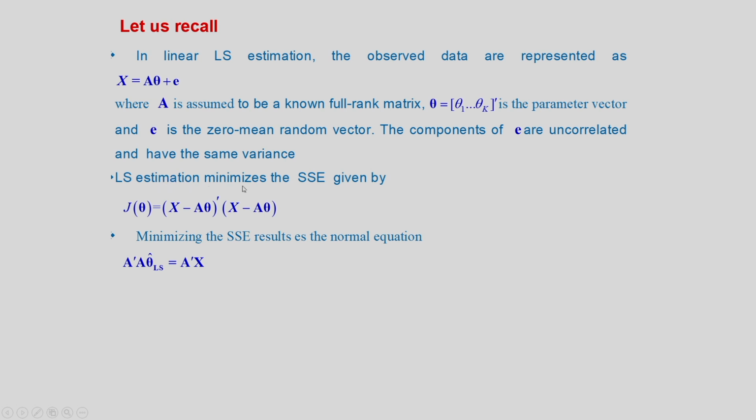LS estimation minimizes the sum square error given by this cost function, that is J(θ) = (x − Aθ)ᵀ(x − Aθ). And minimizing this sum square error cost function, we get the normal equation that is given by AᵀA θ̂_LS = Aᵀx.